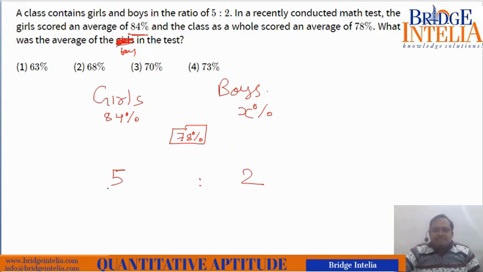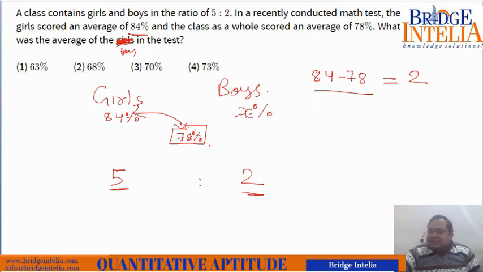Fine. So let's see. We already know the ratio. So 84 and 78. What is the difference? Difference is 6. So 84 minus 78 is written as 2 and x and 78. So 78 must be greater than x. Why?